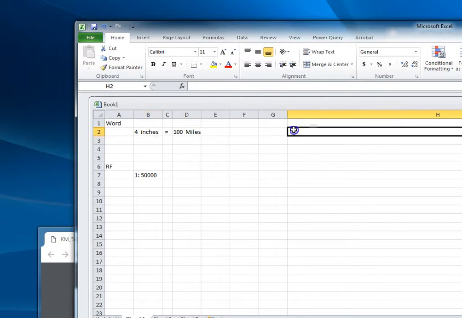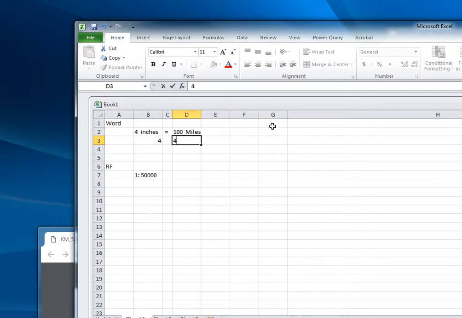Because remember, I want to end up with a ratio fraction of 1 to something. So I'm going to divide both of these by 4, and I'm going to get 1 inch equals 25 miles.